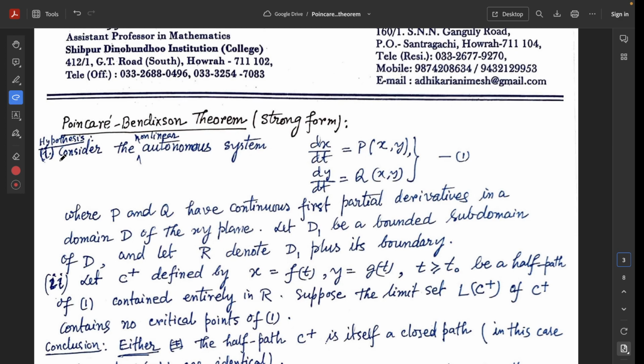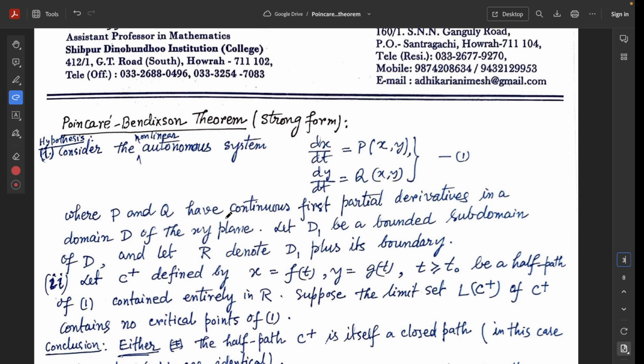Suppose the nonlinear first order autonomous system dx/dt equal to P(x,y) and dy/dt equal to Q(x,y), where P and Q have continuous first order partial derivatives in the domain D of the xy plane, and D1 is a bounded subdomain of D. This D1 is a bounded subdomain of the domain D, and let capital R denote D1 plus its boundary.